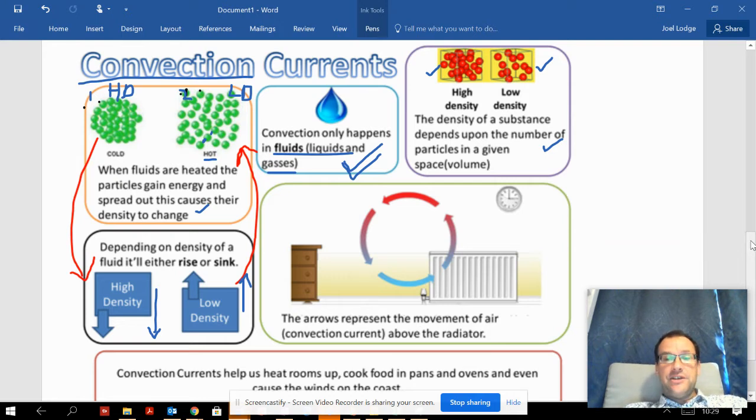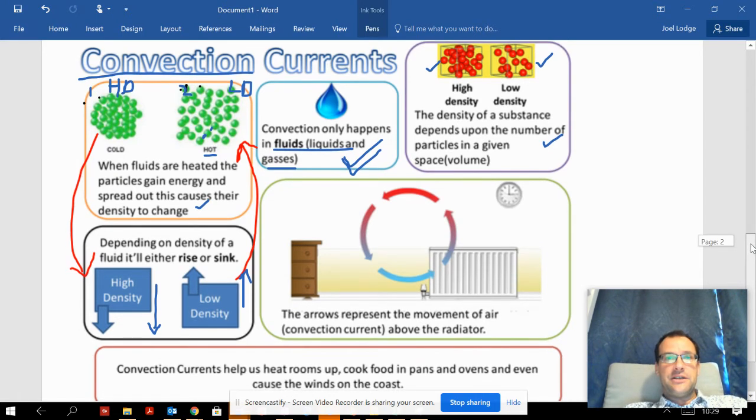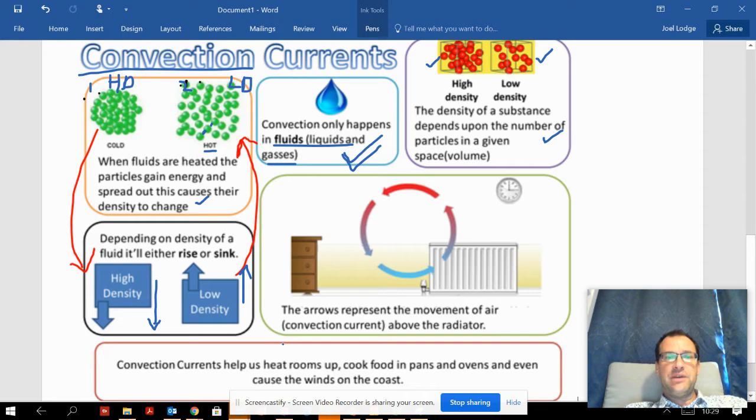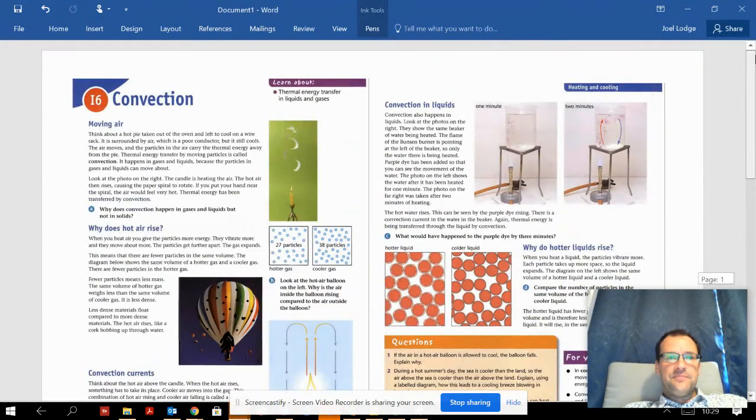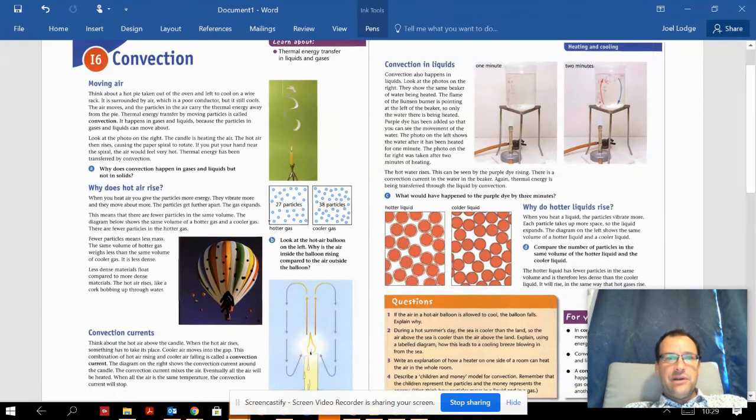When we're looking at applications of convection, this is the exciting bit of science, isn't it? The real life bit. I'll show you this image here. Everybody's seen hot air balloons, right? See these arrows here?